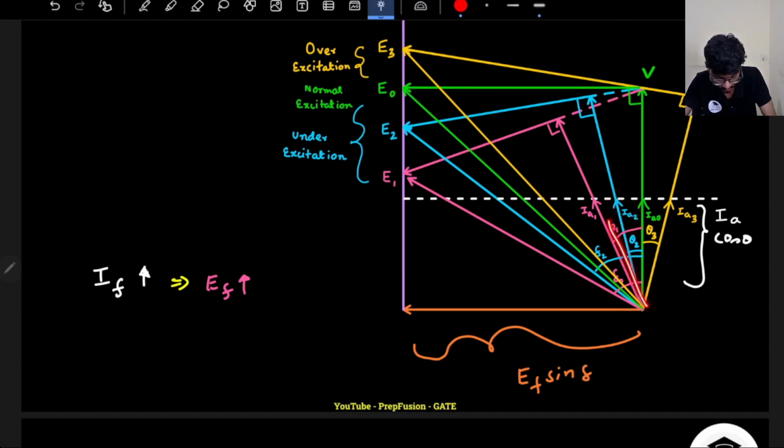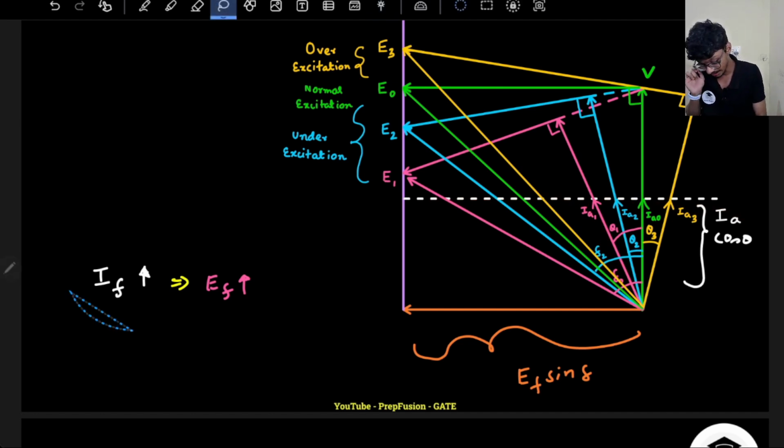Which one has the higher length, IA1 or IA2? Of course, from the same point I am tilting at more angle and touching the same line, so obviously the IA1 length will be higher. So as I increase my excitation, the current is reducing if power is constant.